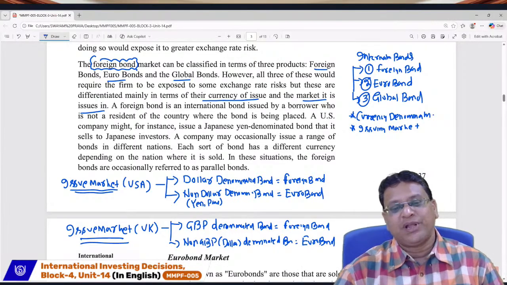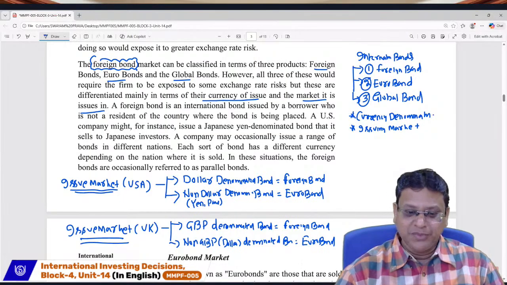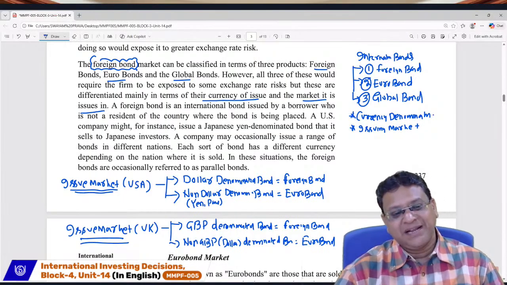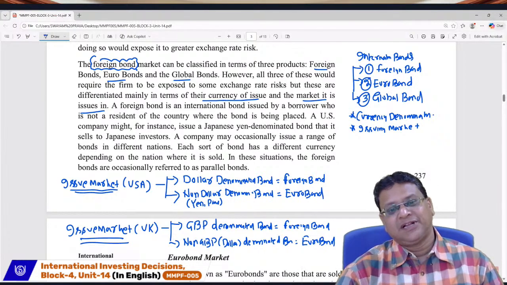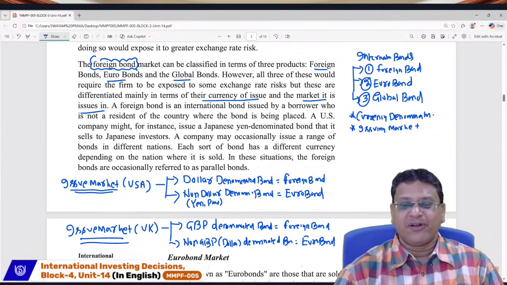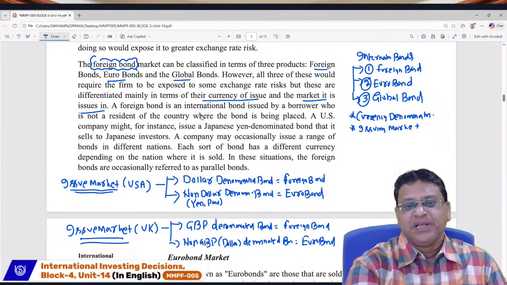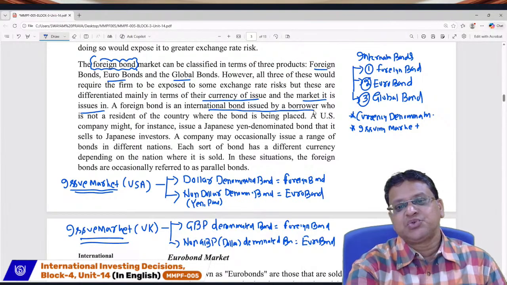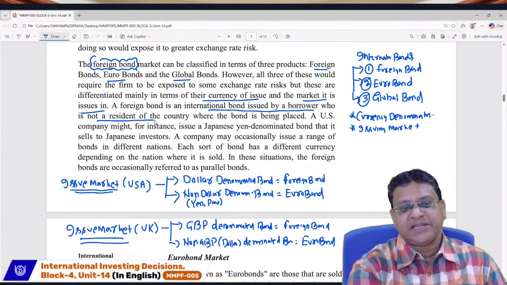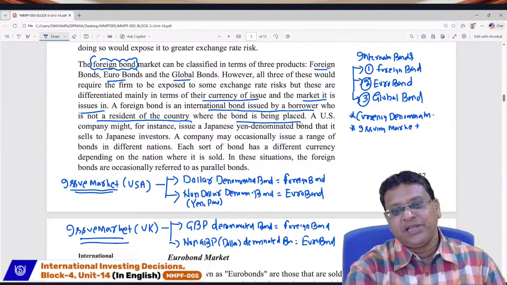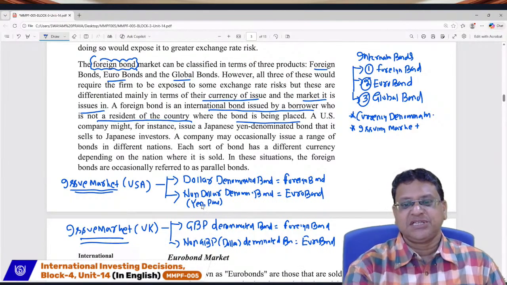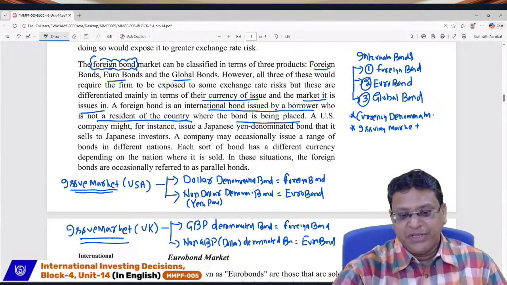And where the denomination currency and market issue currency are different, that is known as Eurobond. Am I clear? Eurobond and foreign bonds. Okay. So a foreign bond is an international bond issued by a borrower who is not a resident of the country where the bond is being placed. This is foreign bond. Now Eurobonds.